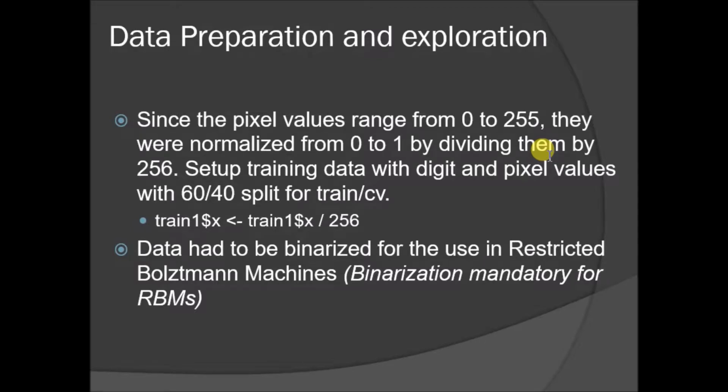That is not a lot because the data is already pretty much set for people to use, and it consists of normalizing the data. I had to divide every pixel number by 256 in order to have binary input for the restricted Boltzmann machine, so I either had a 0 or a 1 coming into the machine. This was something that had to be done.